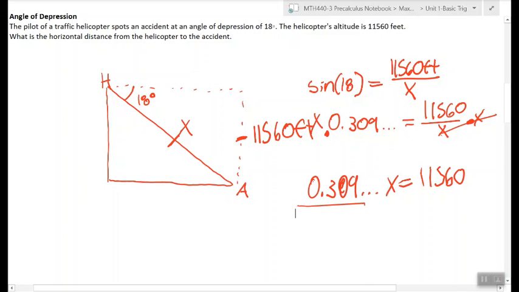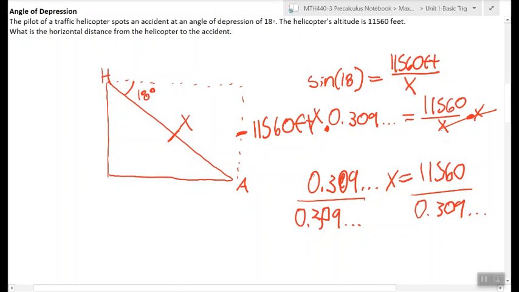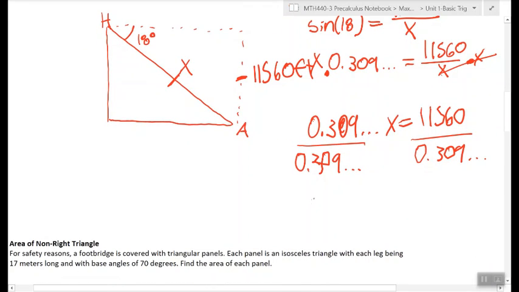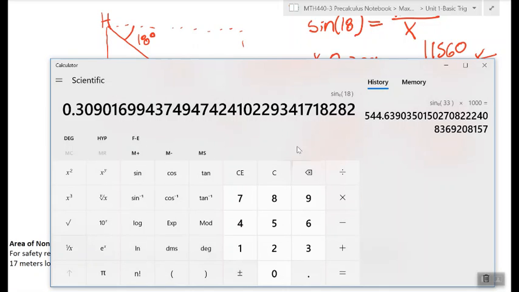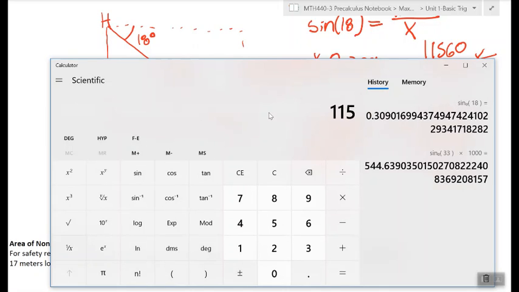And we divide both sides by 0.309 to get rid of that, so x equals 11,560 over 0.309.